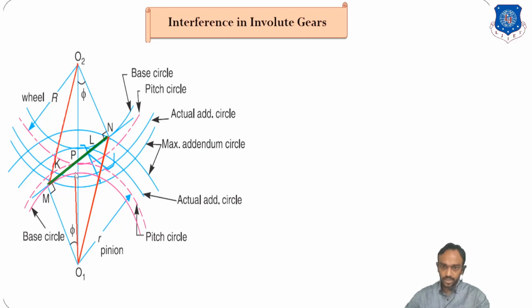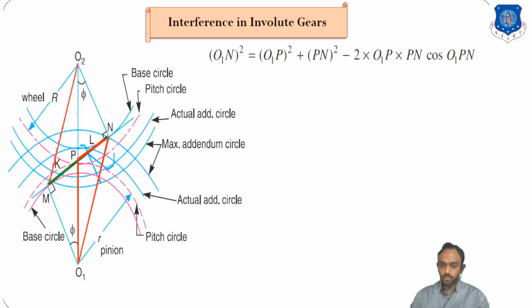How can we find this O1N? For that I am going to tell you some geometrical relations for this triangle. This triangle is O1PN. In triangle O1PN, O1N is equal to the square root of O1P squared plus PN squared minus 2 O1P PN cos of the angle opposite, this angle.